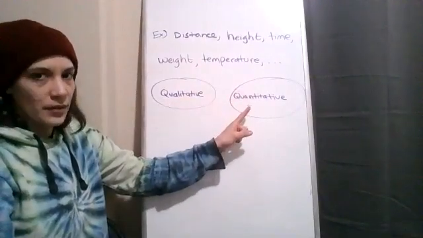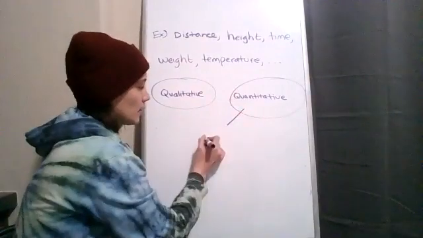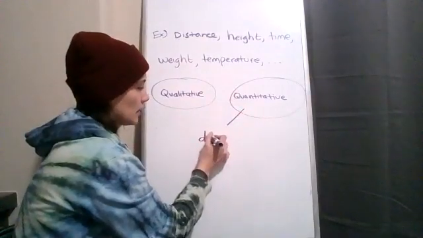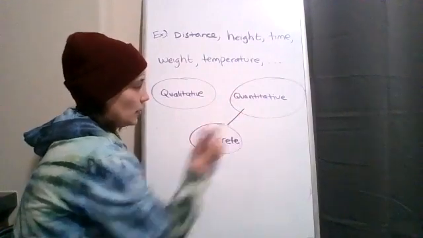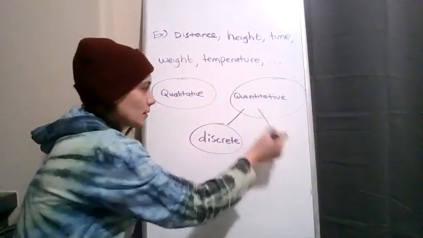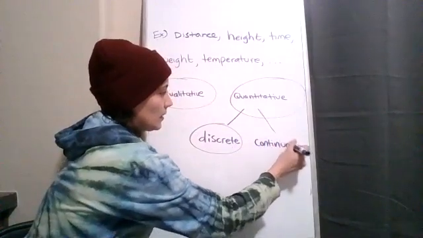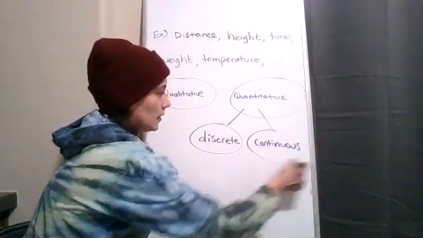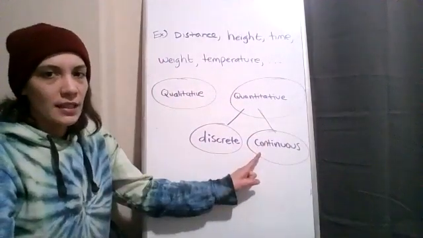If it's a quantitative variable, it could be discrete or it will be continuous. So again, it's either discrete or continuous.